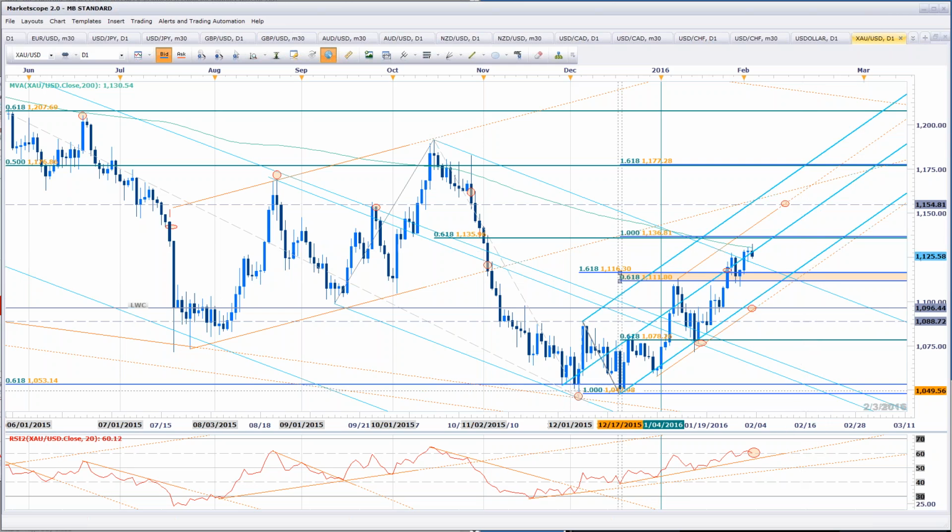And look where that 100%, two equal legs up, still takes you into 1136. So that 618 overlap with the 100, my favorite Fibonacci confluence, is just higher. All right, so that is gold.